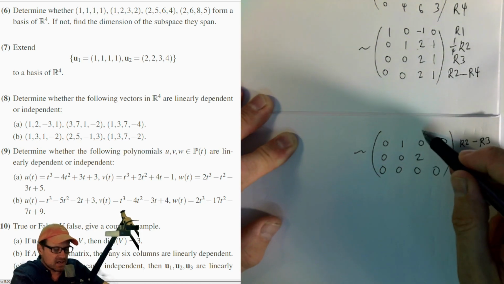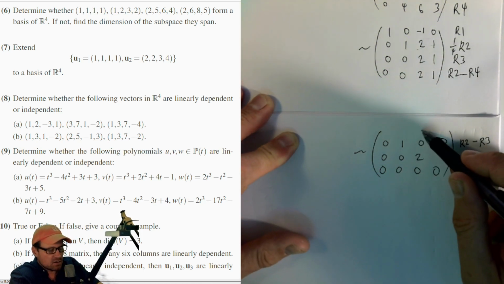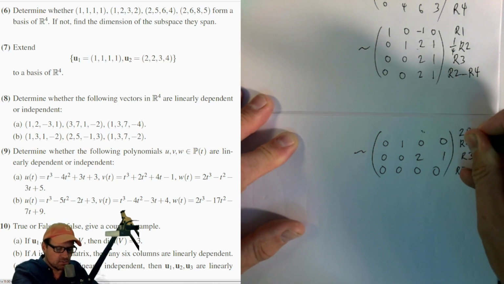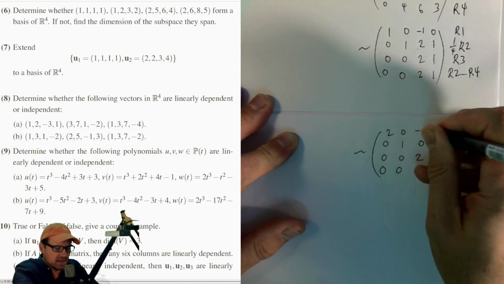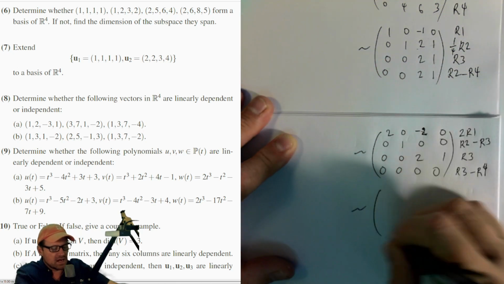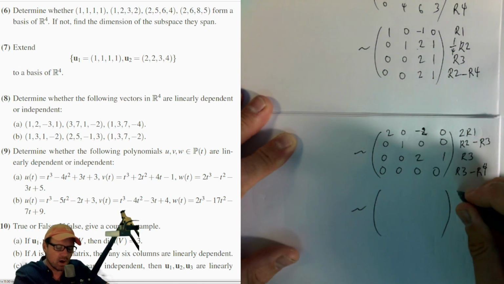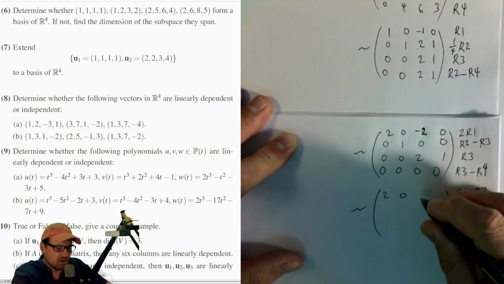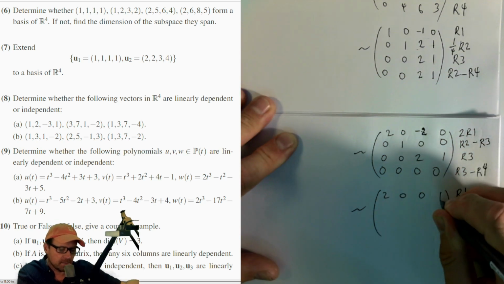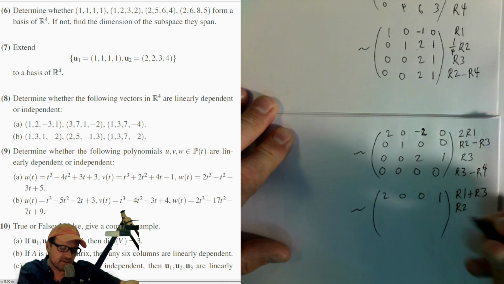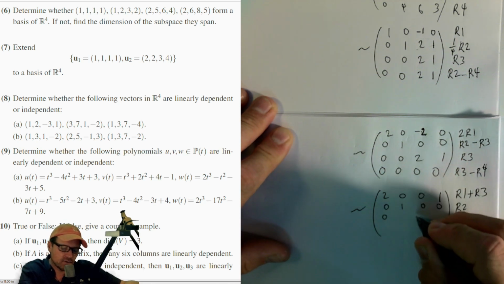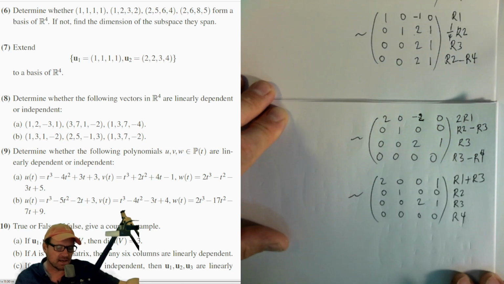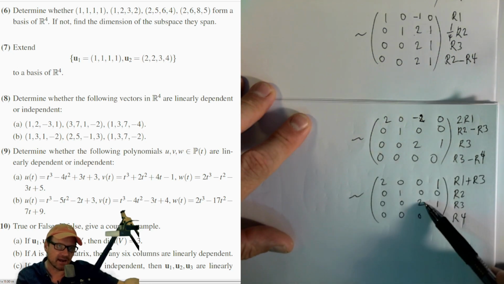And in anticipation of having a 0 where that minus 1 is, let's multiply row 1 by 2. So we'll have 2, 0, minus 2, and 0. Okay, next I am going to replace row 1 with row 1 plus row 3. So we'll have 2, 0, 0, 1. Let's keep rows 2, 3, and 4 the same for now. Okay, so now we have a diagonal there.